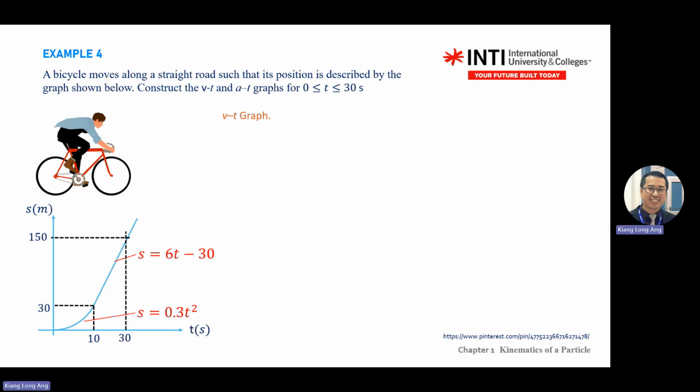Write this one in your answer. From the shape, this is the gradient. You know you need to find the gradient, right? So for the s-t graph equation, we use the first equation because you're converting s-t to v-t. The only equation that links s and t and v is this equation. The other equation is not relevant, so don't look at it. Only look at this one.